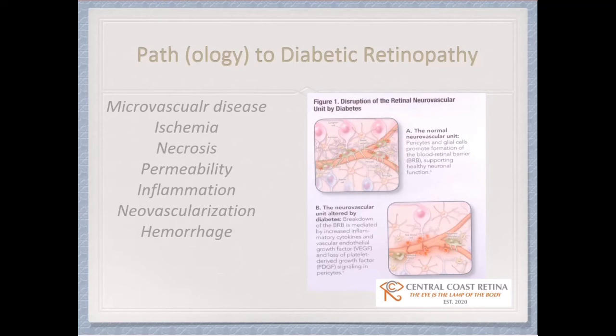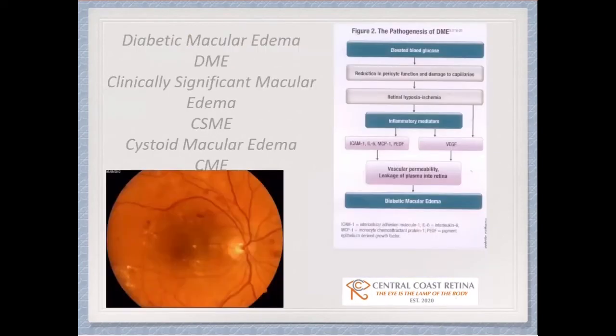When there is a lack of oxygen, it recruits abnormal blood vessels to grow over the retina, which are called neovascularizations, which are really bad for the retina because eventually they become stronger and more adherent to the retina than they should, and they pull the retina off and cause the retina to detach, and obviously there's bleeding problems. So all these factors contribute to diabetic retinopathy.